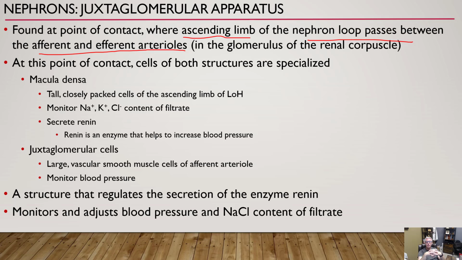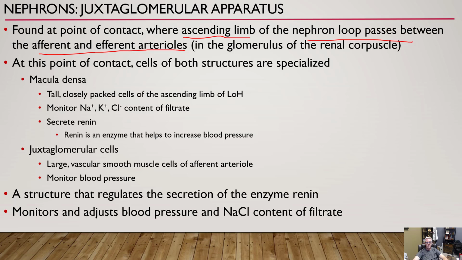If your blood pressure is too low, it can adjust the diameter of your afferent arteriole to accommodate changes in blood pressure. And I'm not going to tell you yet if it's going to be vasoconstriction or vasodilation. We're going to talk about that in a few slides.